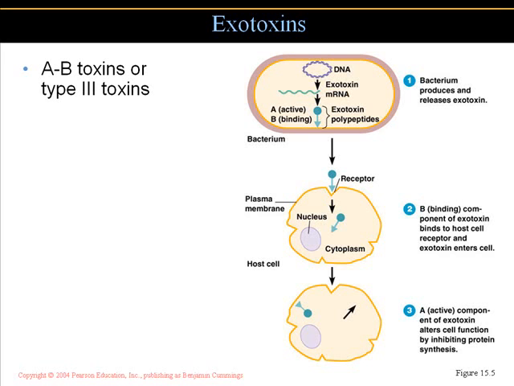This illustration is out of your book, showing the production and release of the exotoxin, and how the exotoxin binds to the cell surface receptors. Then a component of the exotoxin will alter the cell functioning, typically, and this is the key point, by inhibiting protein synthesis. Once you break the machinery of protein synthesis in our body, the cells will be inactivated and die.